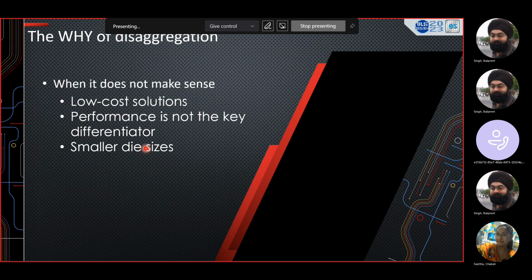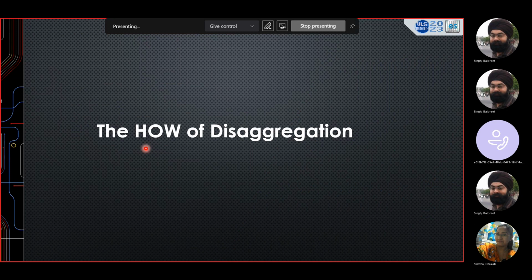If that's not a challenge in your solution because you already have a low die area, then if all of these things are a tick mark for your product, you might want to think about whether disaggregating makes sense for you. So, just a catch over there. Okay, with that, we move to the key of this presentation, where we're going to talk about the how of disaggregation.